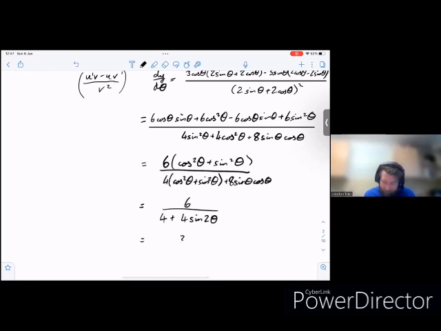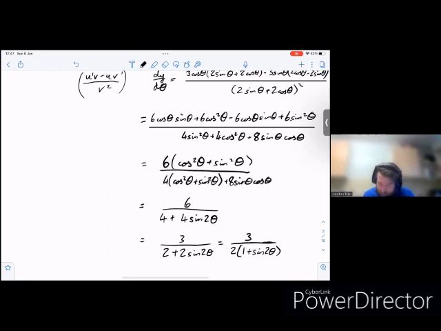Divide everything by 2, we get 3 over 2 plus 2 sine 2 theta, which is 3 over 2 bracket 1 plus sine 2 theta.